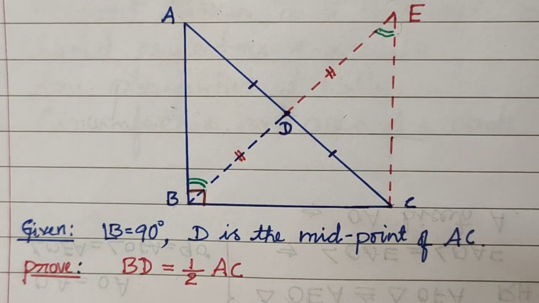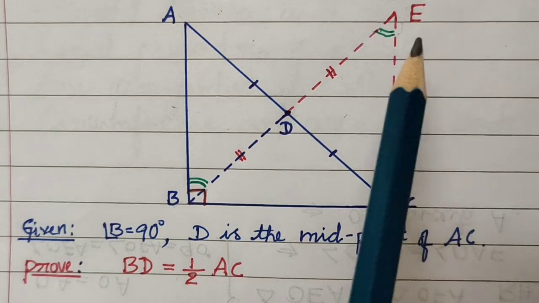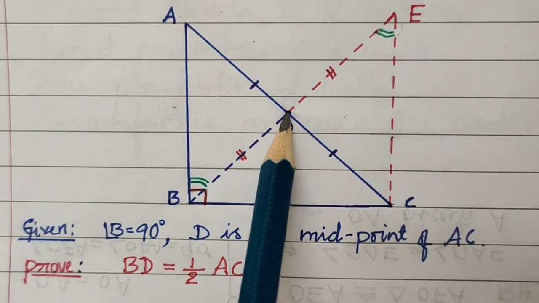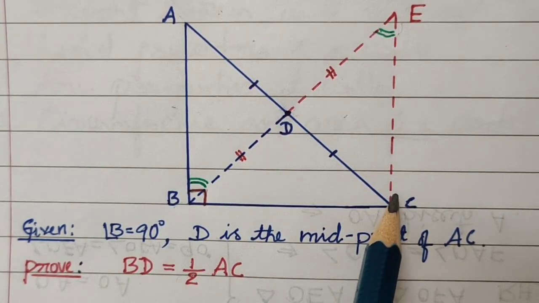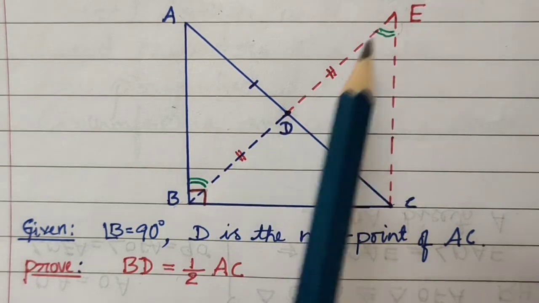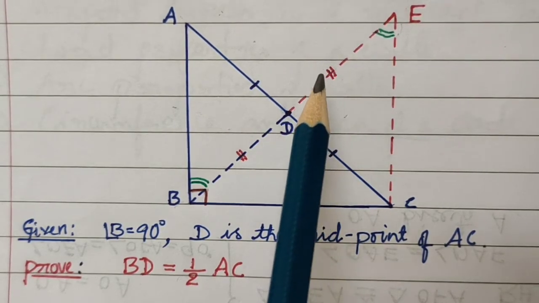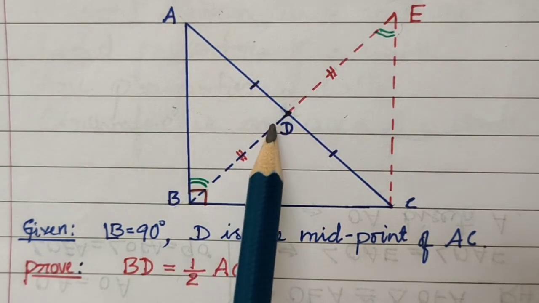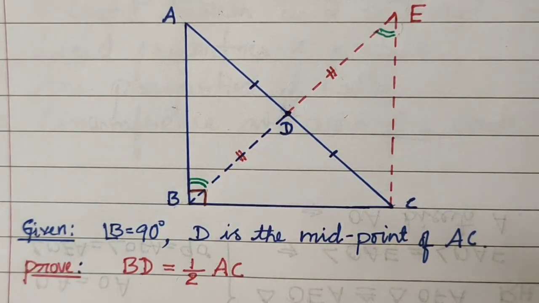First let us see how we can prove this triangle ADB is congruent to CDE. We know that because D is the midpoint of this hypotenuse, this length is equal to this length, and we have extended DE which is equal to BD. That means this side is equal to this side, and angle ADB is equal to angle CDE, vertically opposite angles.